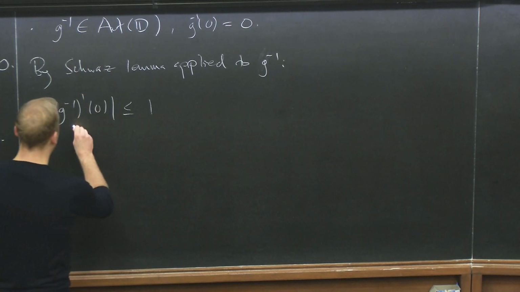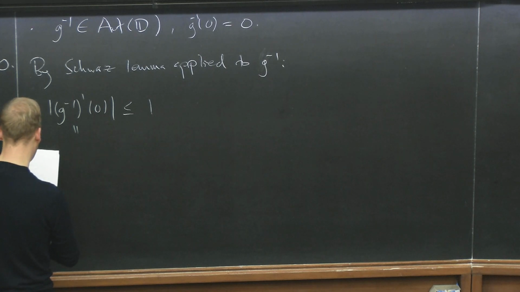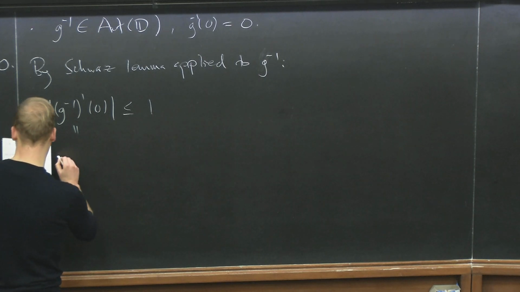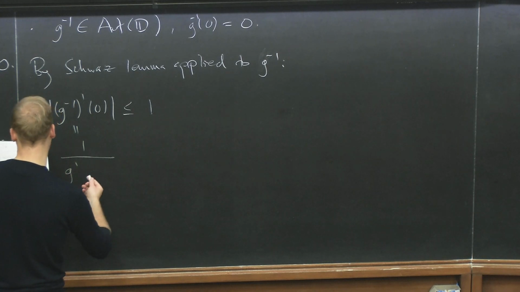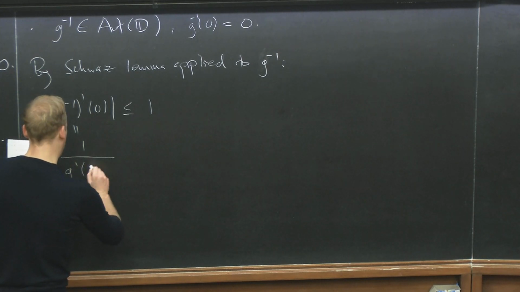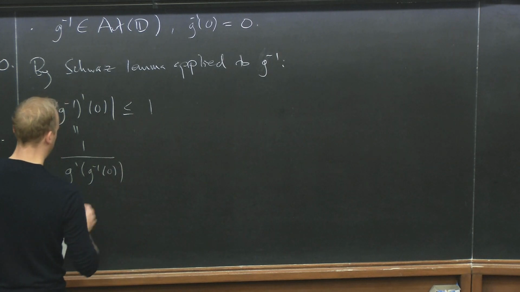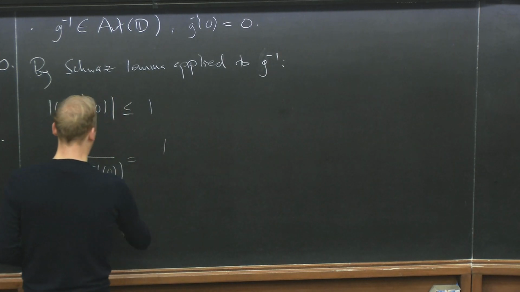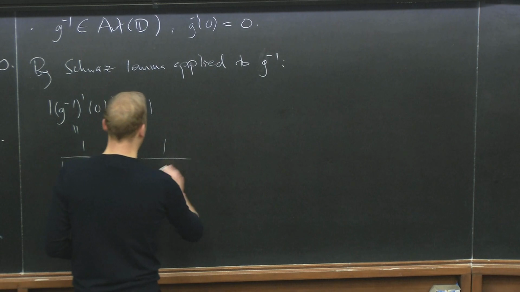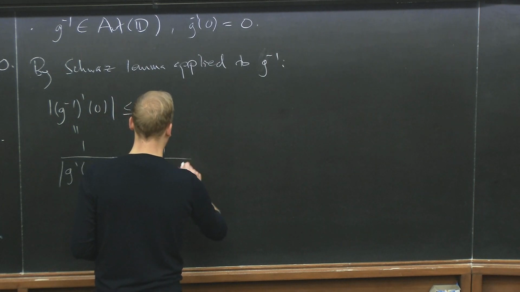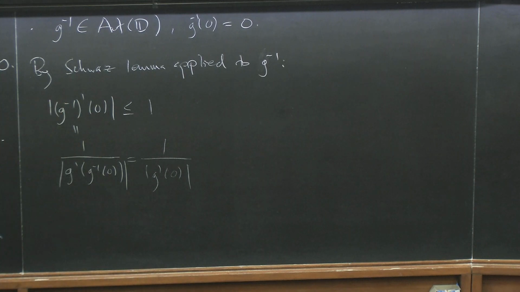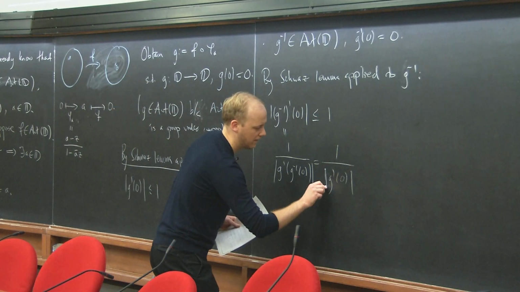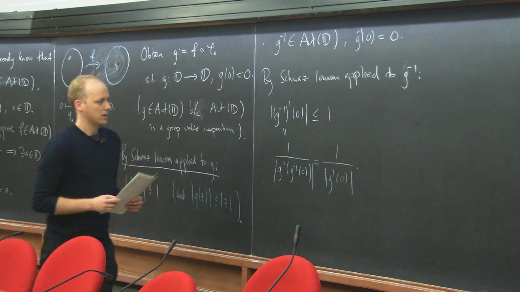But on the other hand, what does this thing here equal? Well, if you remember the formula for the derivative of the inverse, it equals 1 over G prime of 0, in absolute value.